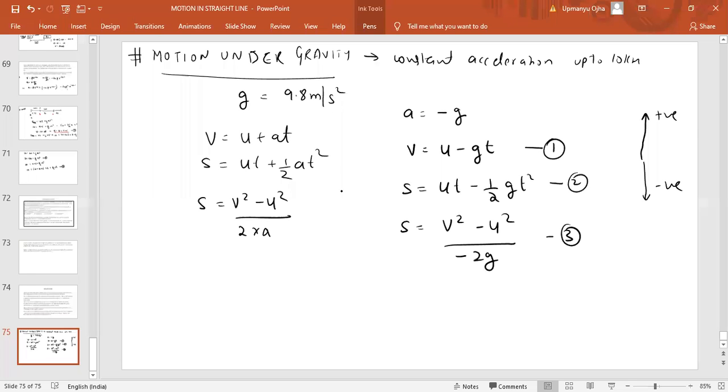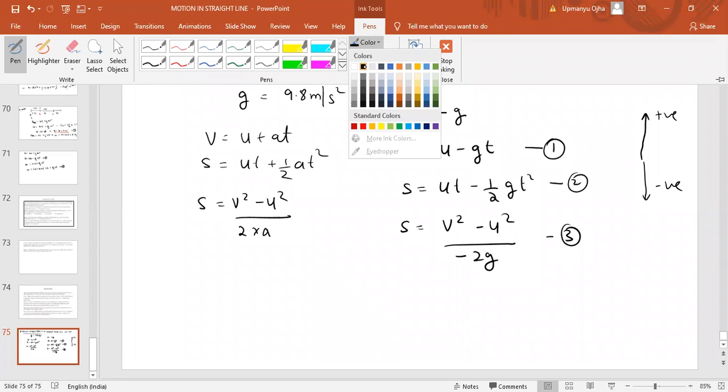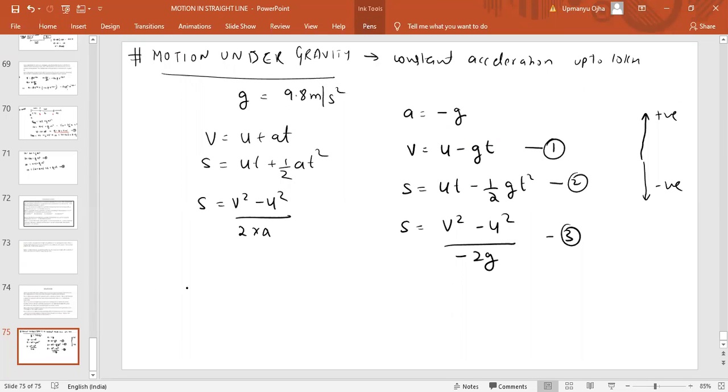Yes, always negative. That is what I'm telling you. The g value should always be taken as negative here. Whether you are throwing the object upward or downward, in both cases, a will be minus g only. Make a small note here that the acceleration will be minus g always.